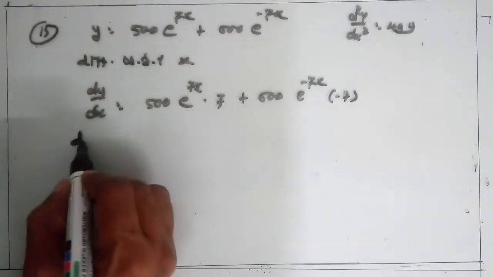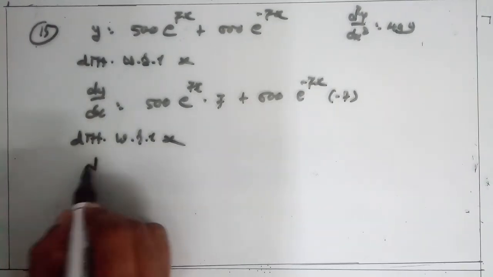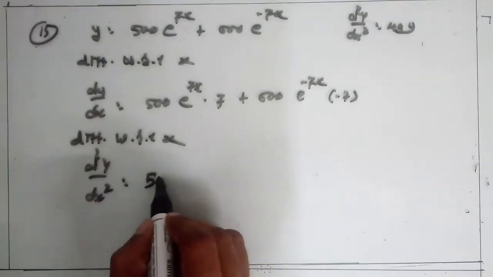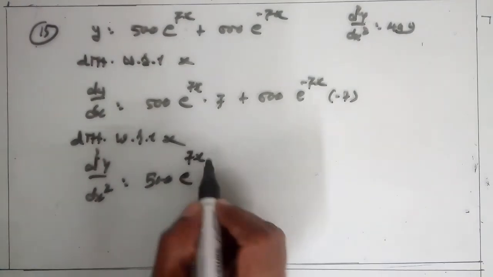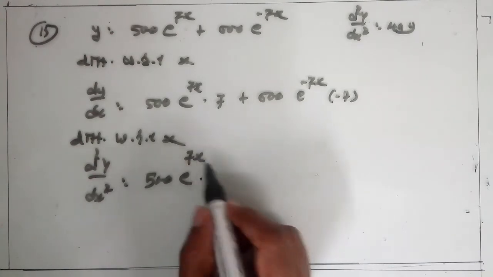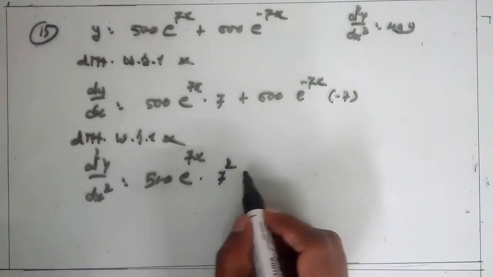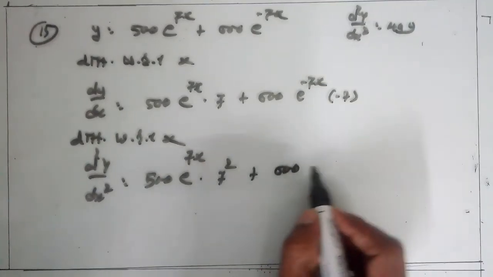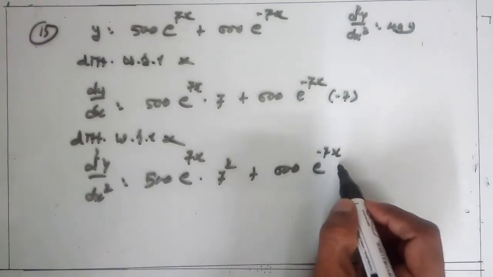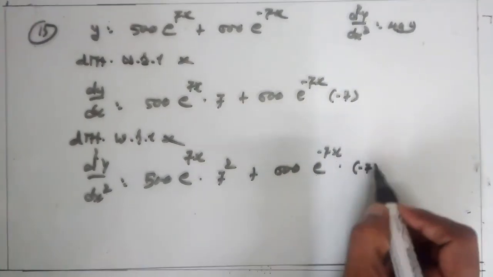Now second time differentiate with respect to x. So here we get d square y dx square is equal to 500 e raised to 7x into derivative of e raised to 7x is e raised to 7x and derivative of 7x is 7. 7 into 7 becomes 7 square. Clear? Plus 600 e raised to minus 7x into derivative of minus 7x is minus 7, into minus 7 becomes minus 7 square.